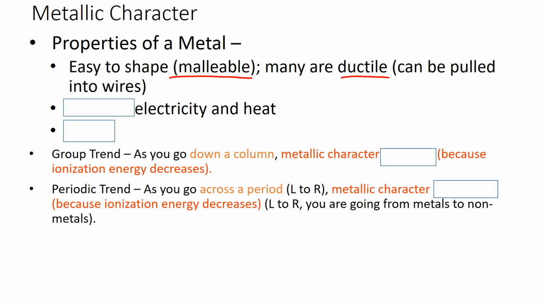All right. Metals also tend to be highly conductive. Metals tend to conduct electricity and heat very well. That's why they have very low specific heats, because they can heat up really quickly and cool off really quickly.